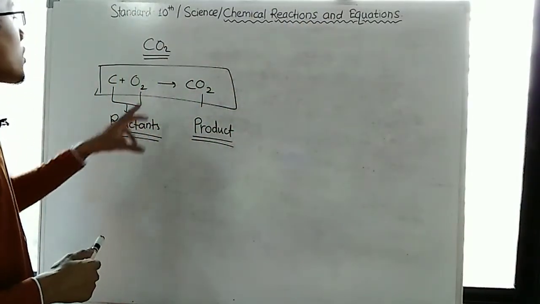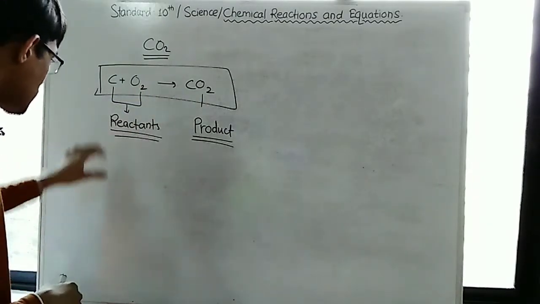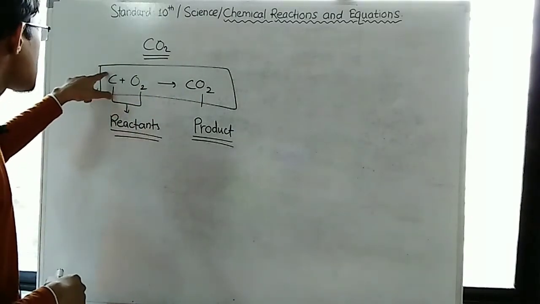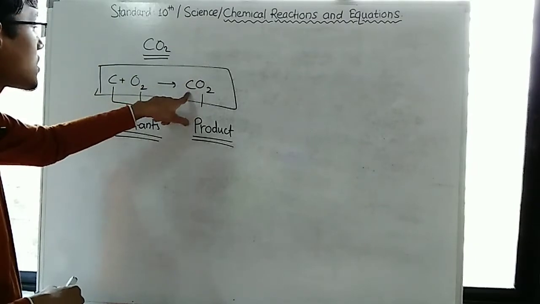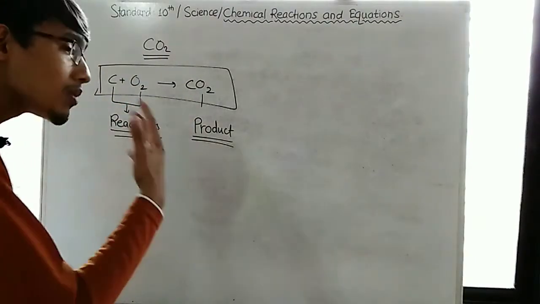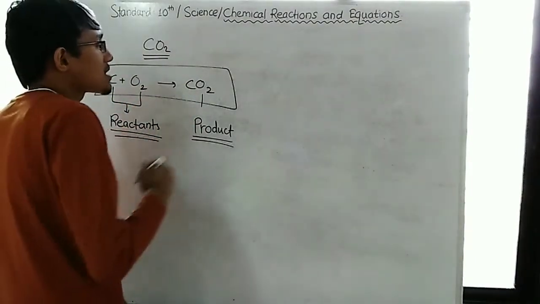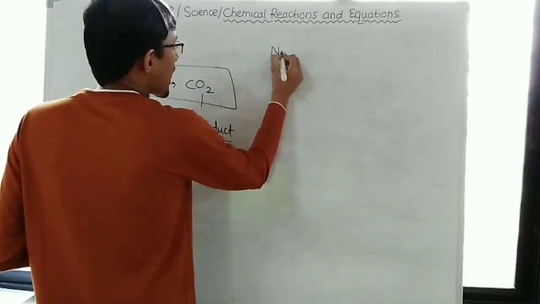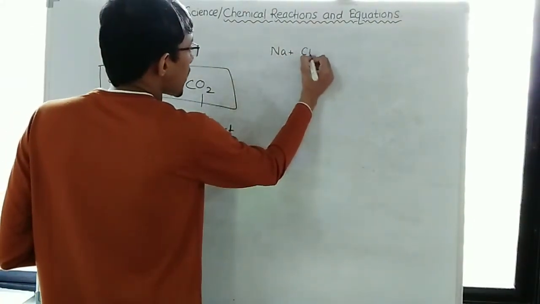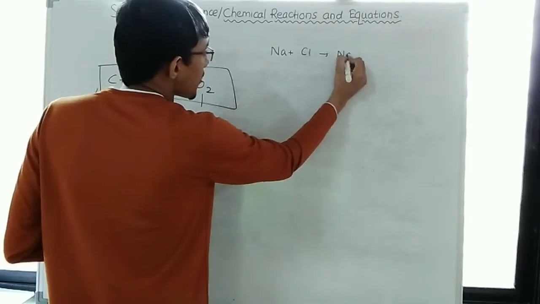Now, these are the molecular formulas. Below the molecular formula, take an example of this: Na plus Cl gives me NaCl.